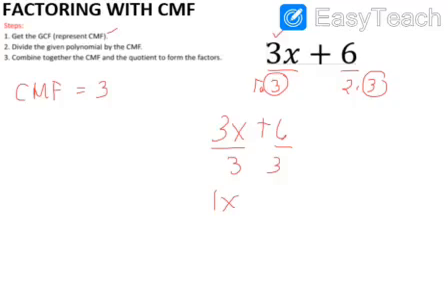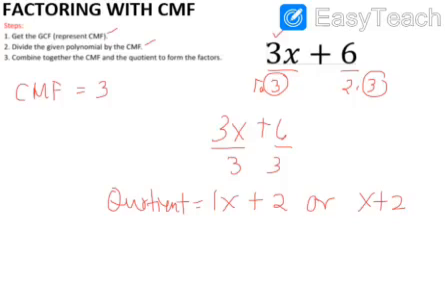Copy also the sign between them. And then divide the second term. 6 divided by 3, the answer is 2. So we have the quotient of 1x plus 2, or simply x plus 2.